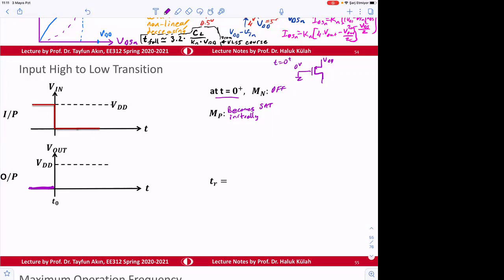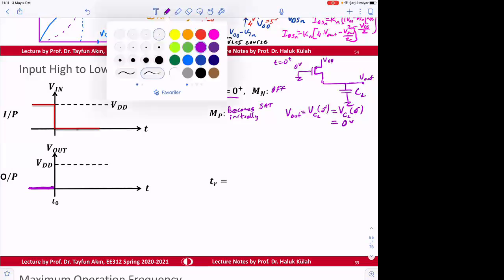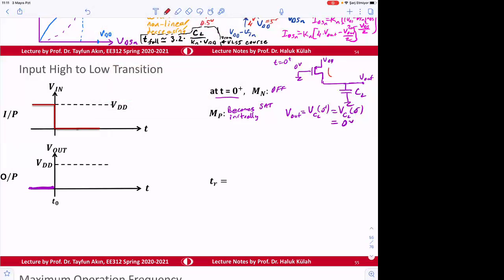And then here, the capacitor CL will be charged. Initially, Vout equal to VCL 0 plus is going to be equal to VCL 0 minus, which is 0 volt.